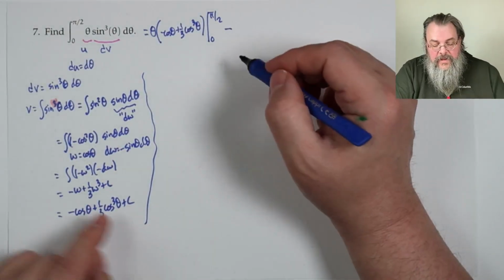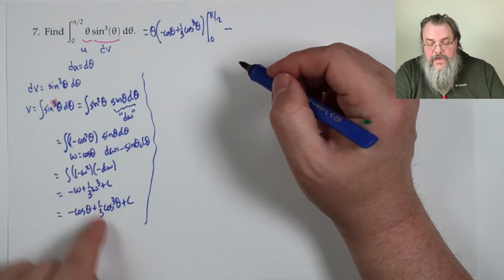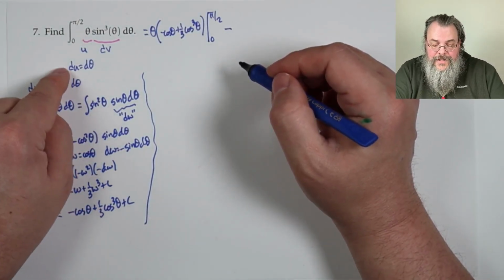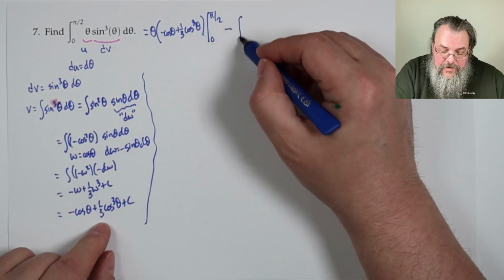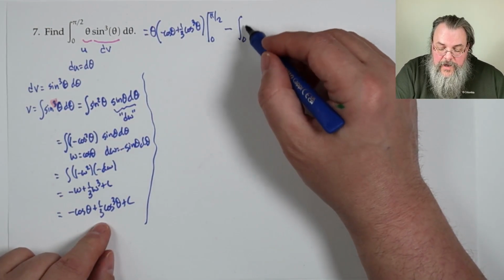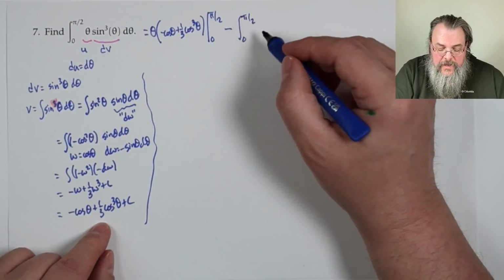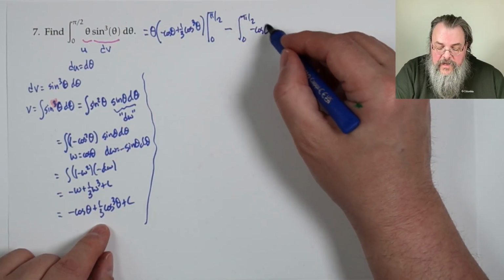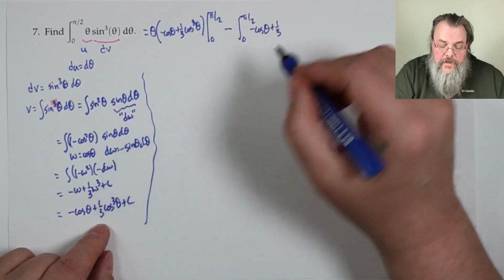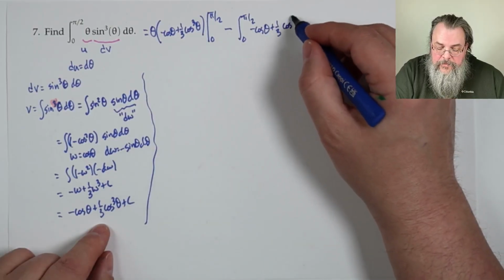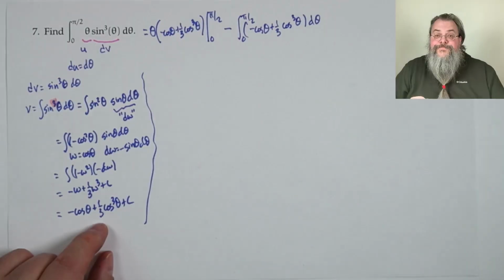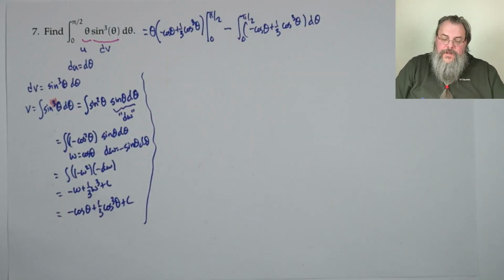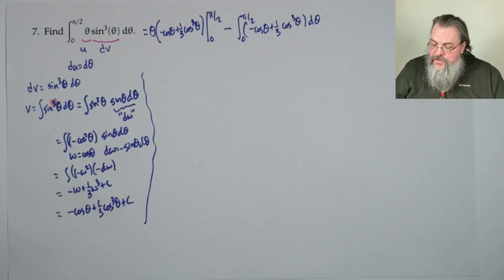Minus, now we're going to do v du. So we have minus the integral from 0 to pi over 2 of minus cosine theta plus 1/3 cosine cubed theta d theta. Okay, well, let's do our evaluation.